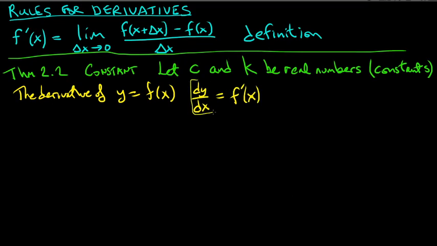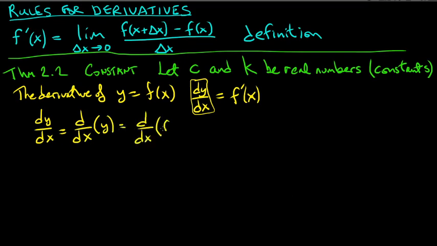But I'm going to use this notation for the time being. And in fact, what we're going to say is the derivative of y, which is also, because y is f of x, the derivative of f of x.